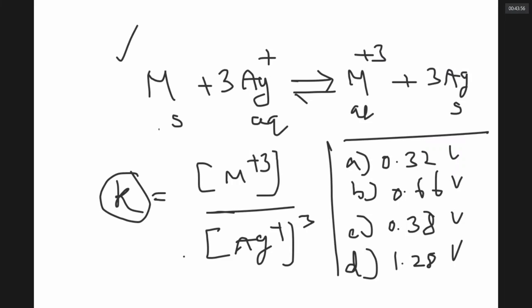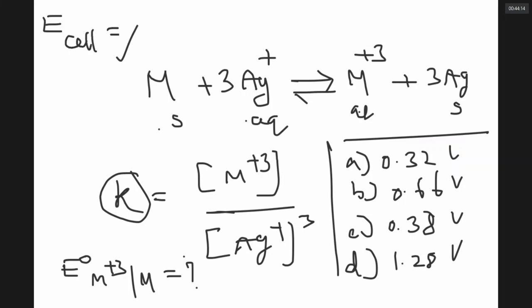M plus 3Ag plus gives M plus 3 plus 3Ag. They wanted to know the electrode potential of M plus 3 by M. They gave me the cell potential as plus 0.41.